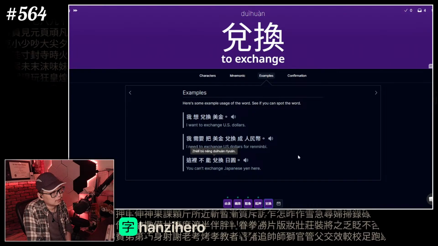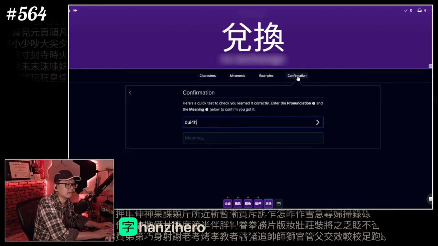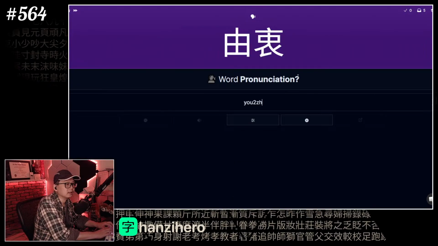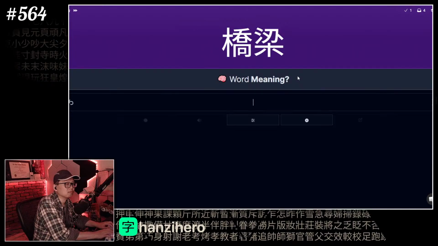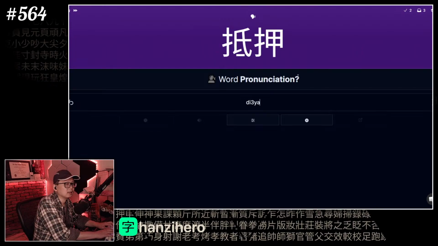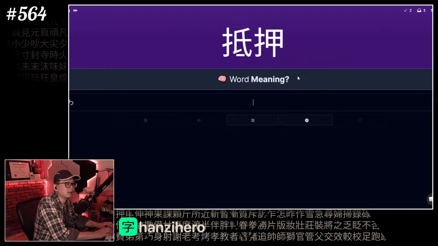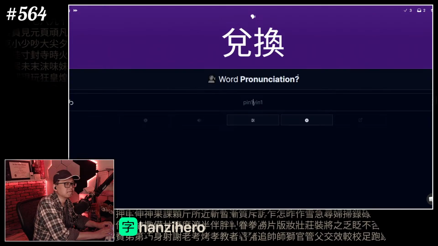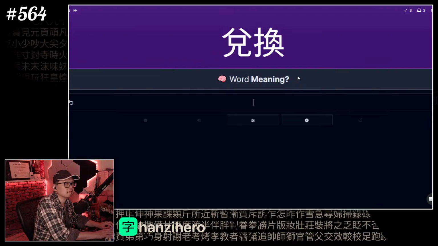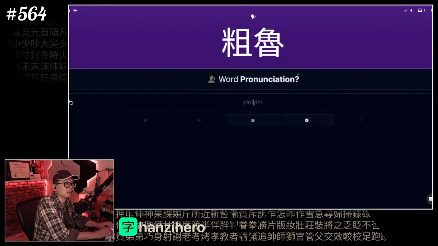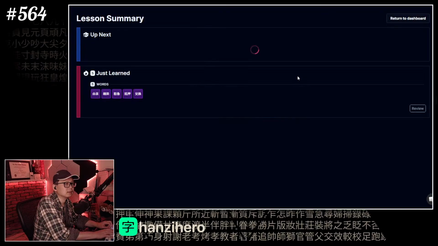They use yuan for yen. Okay. Remembering. 兑换, 由衷, 桥梁, 抵押, 兑换, 粗鲁. All right.